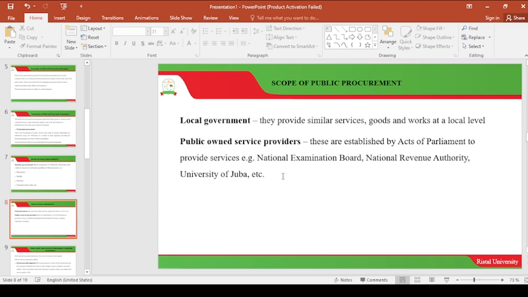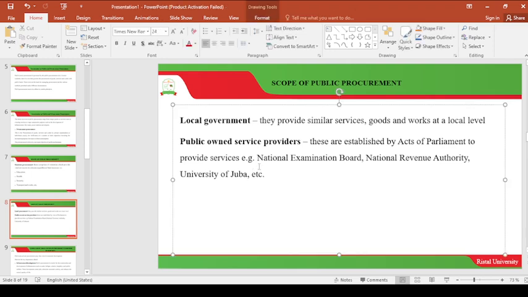Then also, in the case of South Sudan, we have the University of Juba, a national institution created by the government to undertake its activities for the purpose of the country or the people of its country.